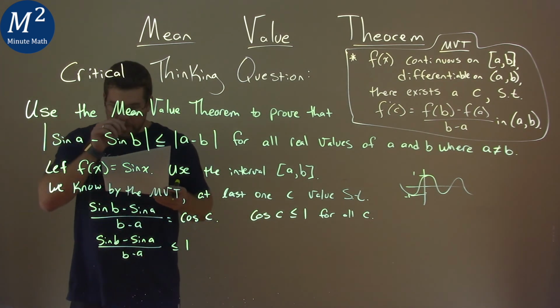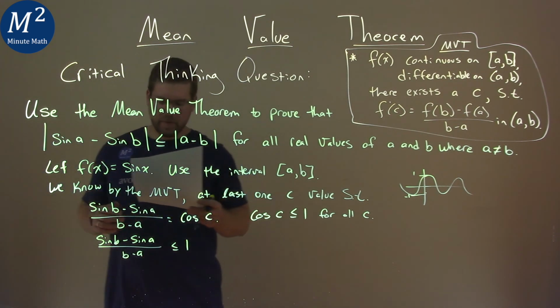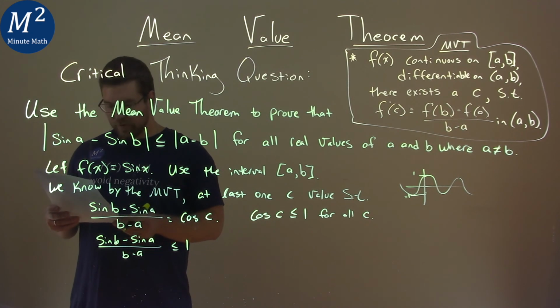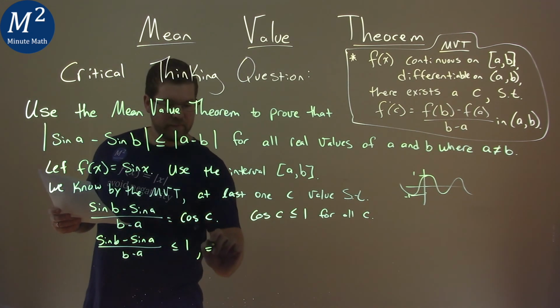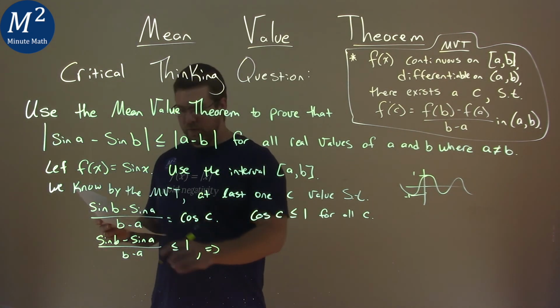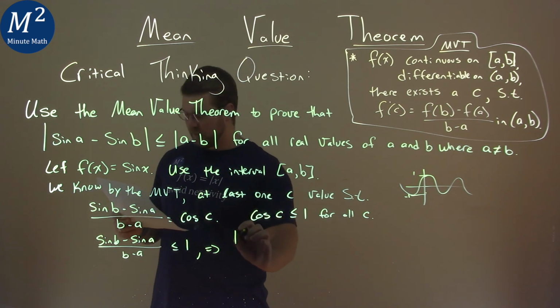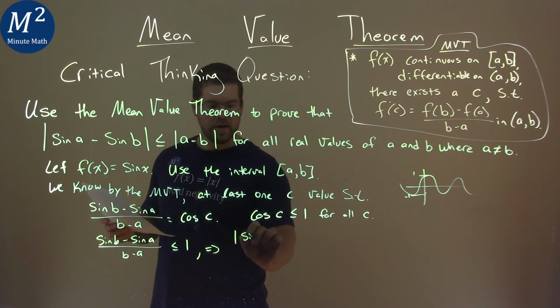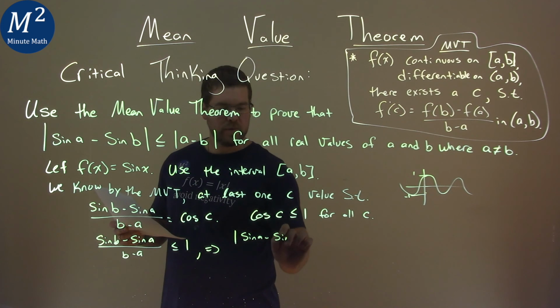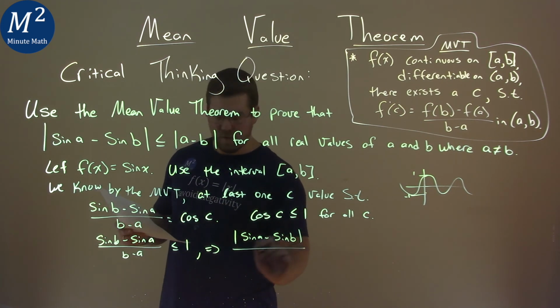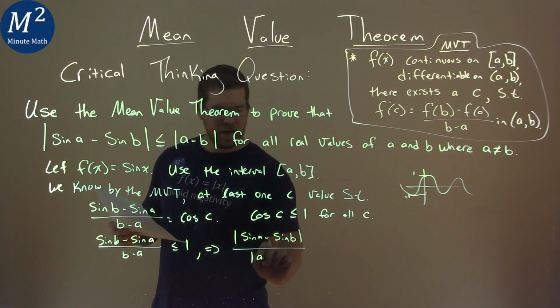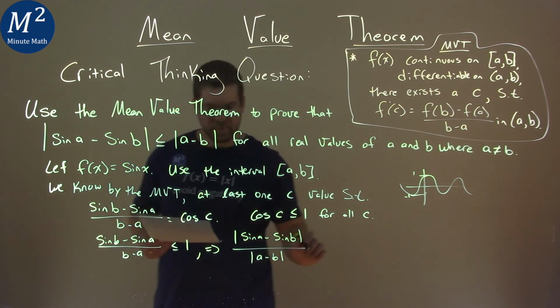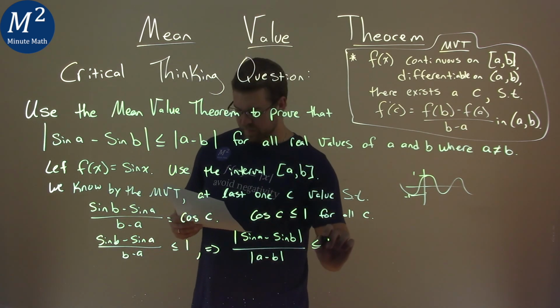Well, from there, if we take the absolute value of everything, we can flip it around with the absolute value of sine of a minus the sine of b over the absolute value of a minus b is less than or equal to 1.